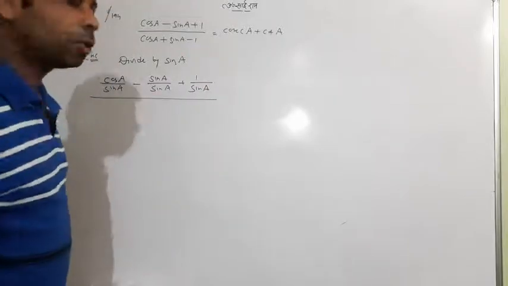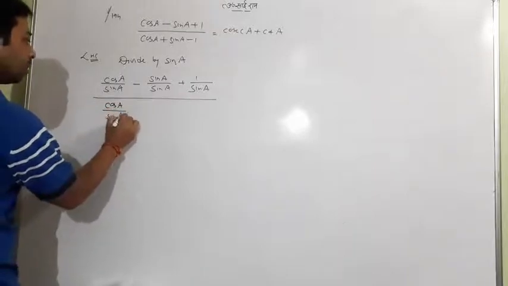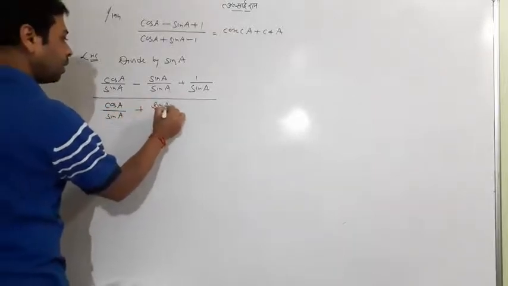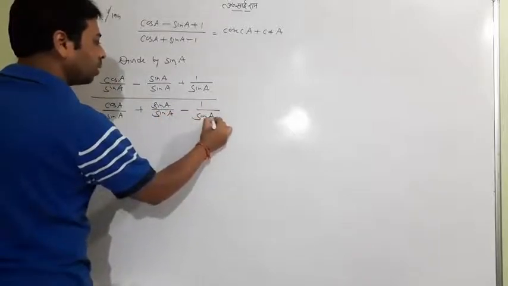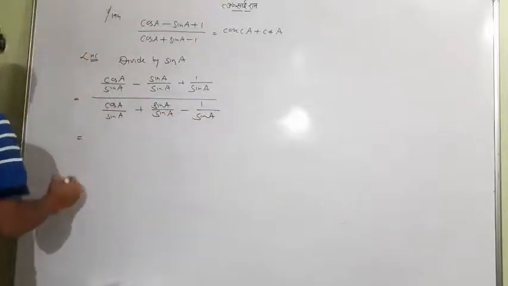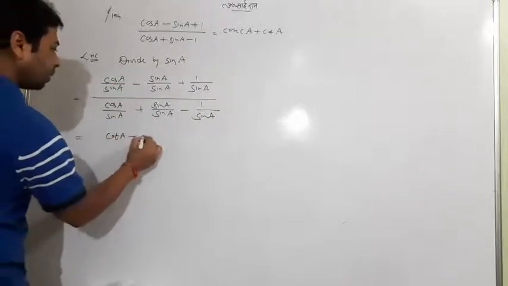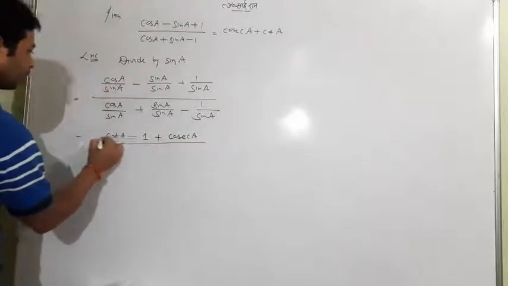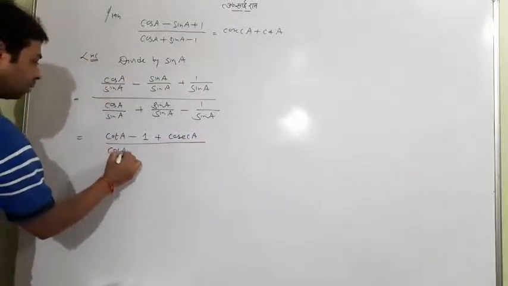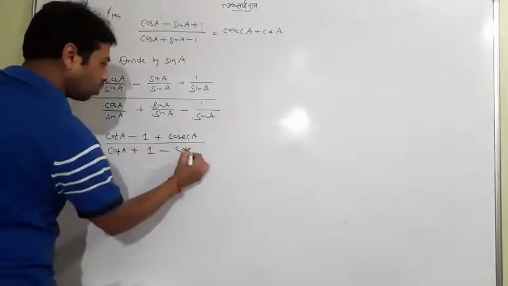So you just have to remember that the terms are cos A by sin A, sin A by sin A, 1 by sin A. Now cos by sin is cot A, sin by sin is 1, and 1 by sin is cosec A.